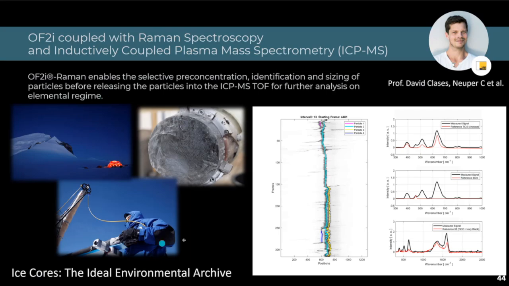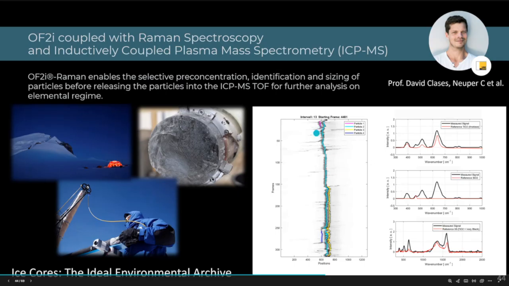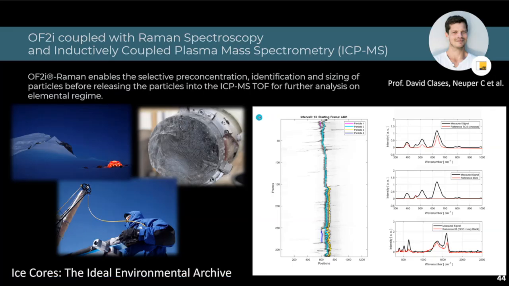David, for example, is looking into ice cores, identifying particles, identifying in what kind of time periods, for example, plastics are already detectable, looking into the single particle analytics, getting different information on what kind of particles are out there, and using OF2I ICP-MS TOF to get information on elemental composition, but also size and Raman analytics. So a real combination to get this approach going, to really develop this new technology.